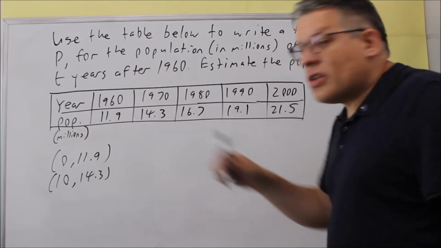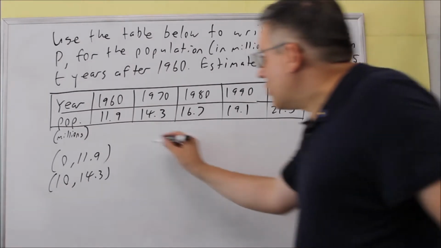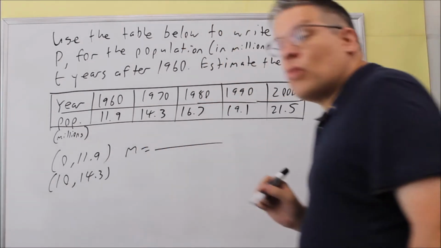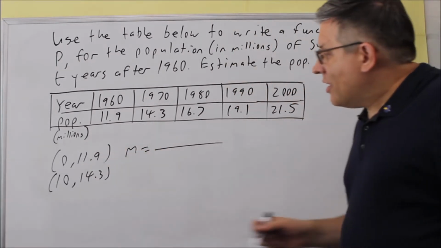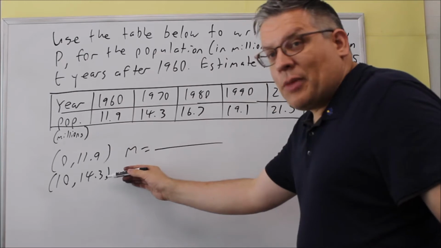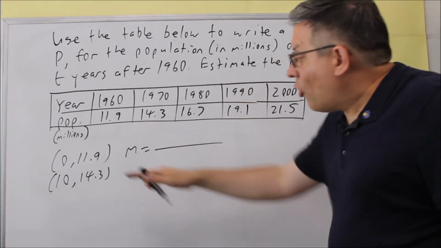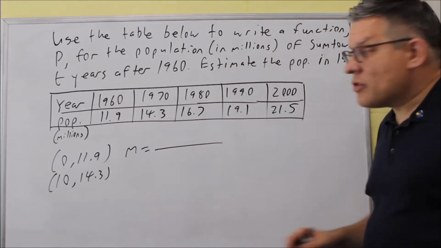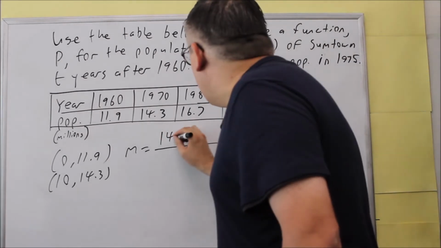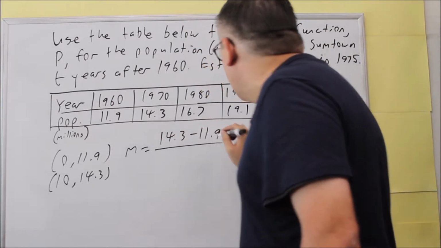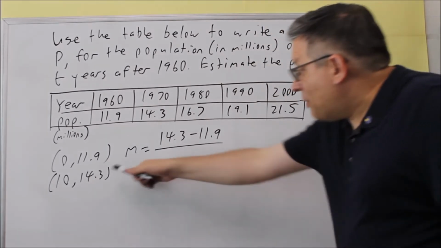So now I can use this information to find the slope. I can do change in y over change in x. Now it doesn't matter which order you subtract these in. It really doesn't make a difference as long as you subtract them both in the same order. On top, I'm going to do 14.3 minus 11.9, so bottom minus the top.